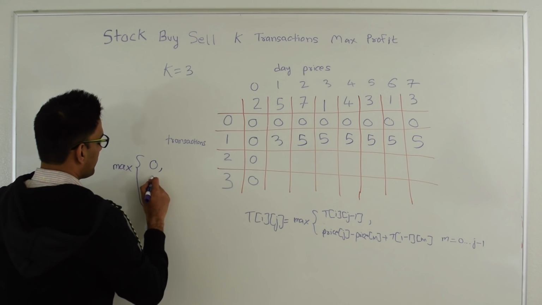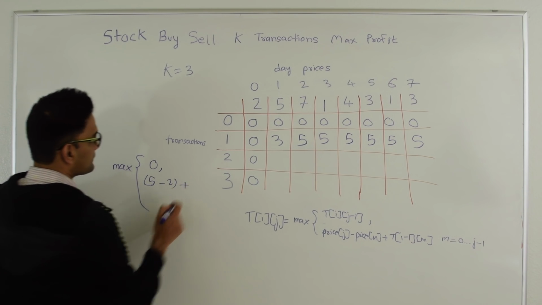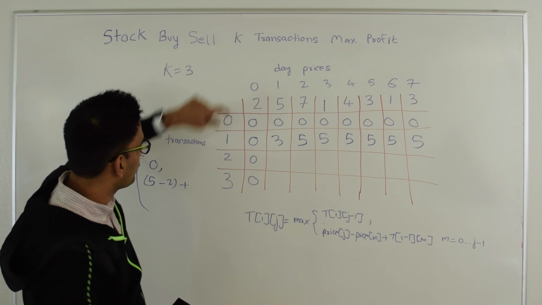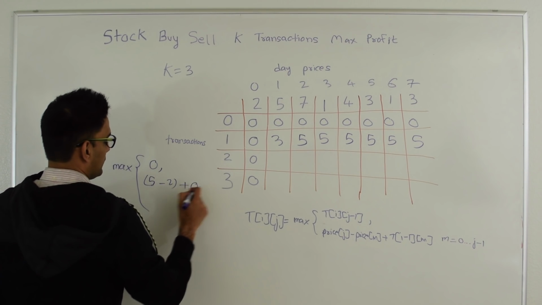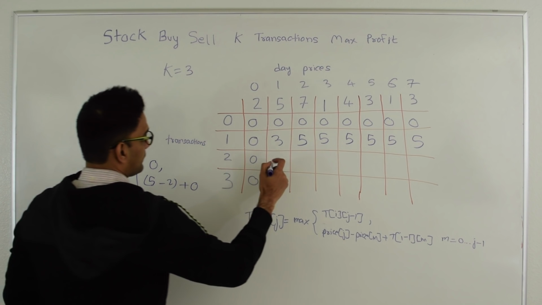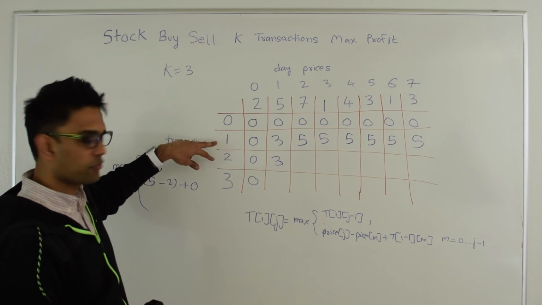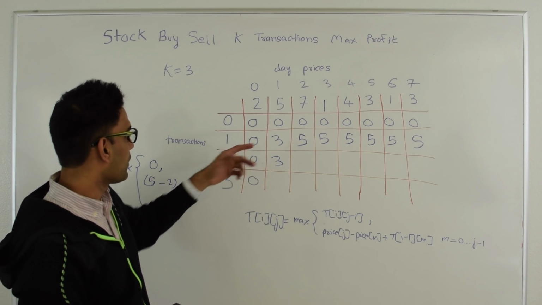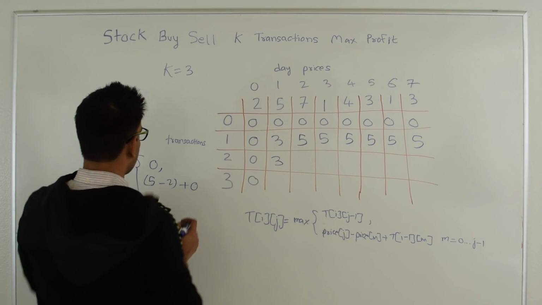So 5 minus 2 plus, with one less transaction and finishing that transaction on the 0th day, that value is 0, so plus 0. So this value is 3. Even if you have 2 transactions, you can still make 3 profit because you just have 2 days worth of data. So let's try for 7.